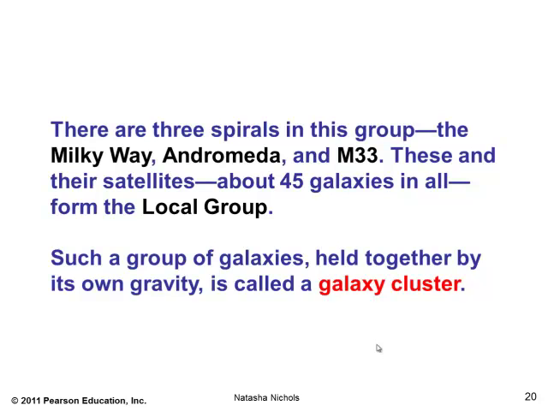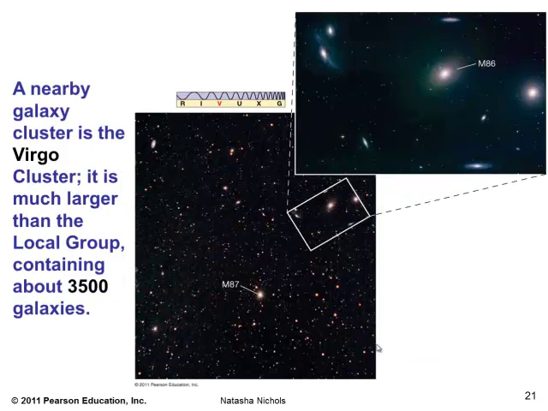Now, whenever we have a group of galaxies that's held together by its own gravity, we call that a galaxy cluster, just like we have star clusters. The central region of the Virgo cluster of galaxies, which is about 17 megaparsecs from Earth, contains about 3,500 galaxies.